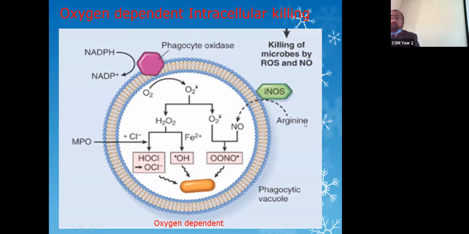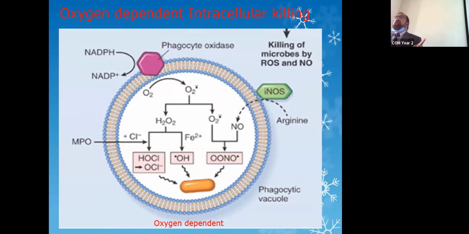On the other hand, arginine gives nitric oxide with the help of inducible nitric oxide synthase enzyme. Once the nitric oxide is in, this superoxide joins with the nitric oxide and forms peroxynitrite. This peroxynitrite is also a strong killer of the bacteria. So by this, the bacteria is killed.